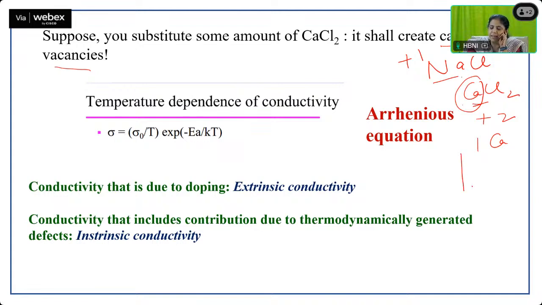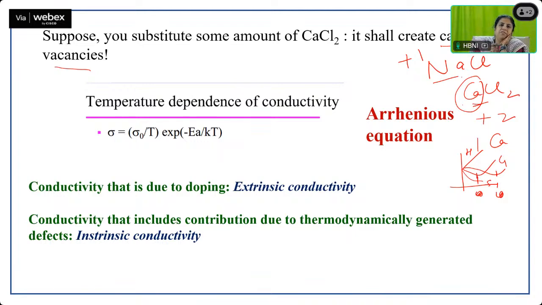If you remember that energy graph, this is H, this is S, and this is G. When you increase the temperature, the number of defects will increase. It will move from this position to this position. So increasing the temperature will also increase your intrinsic defect.